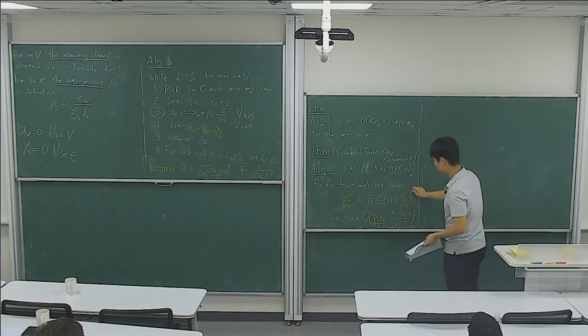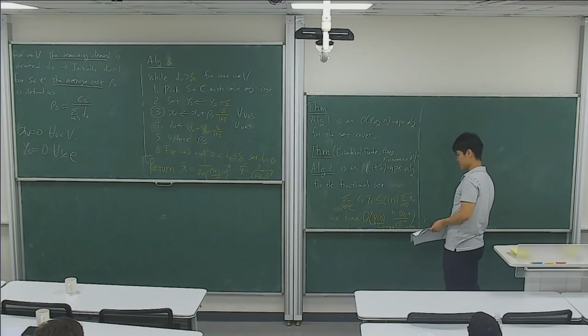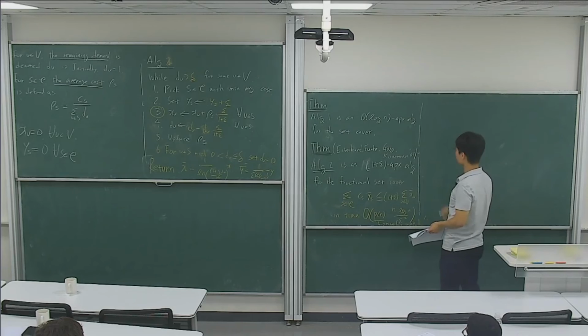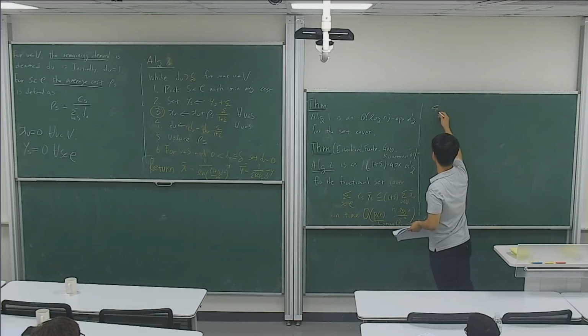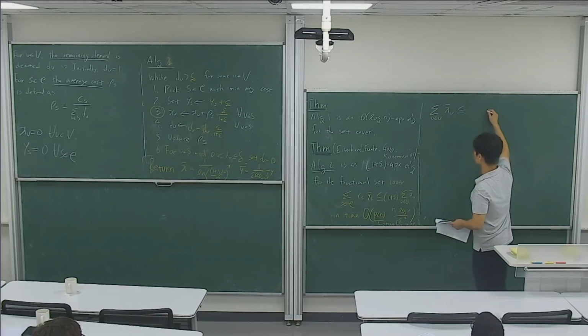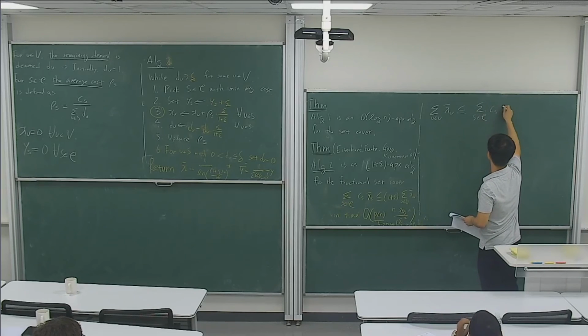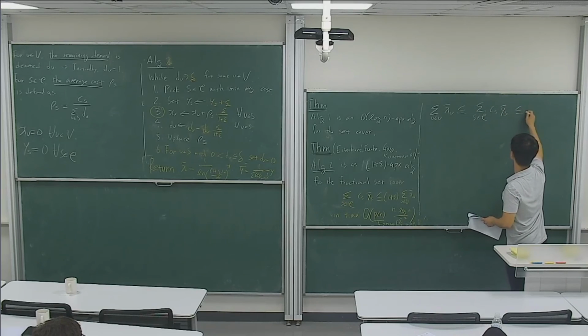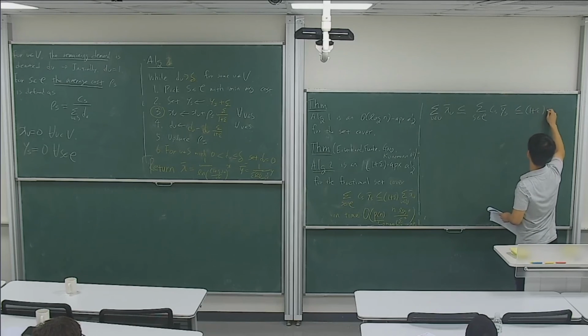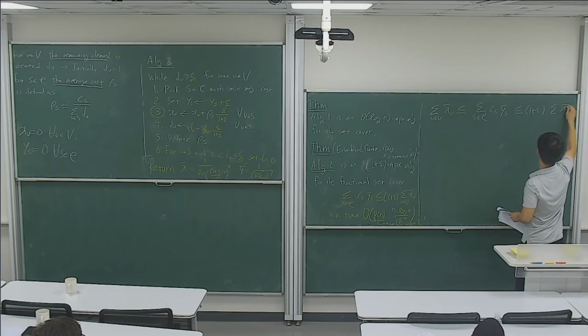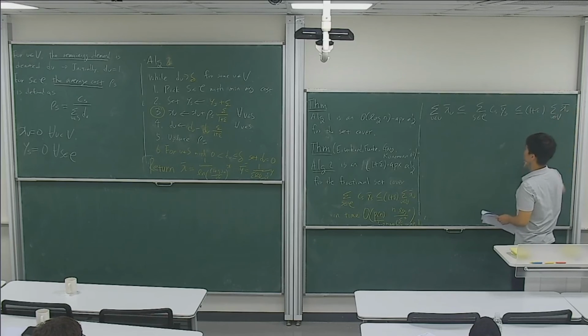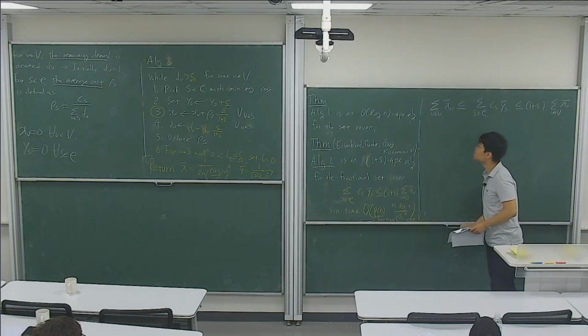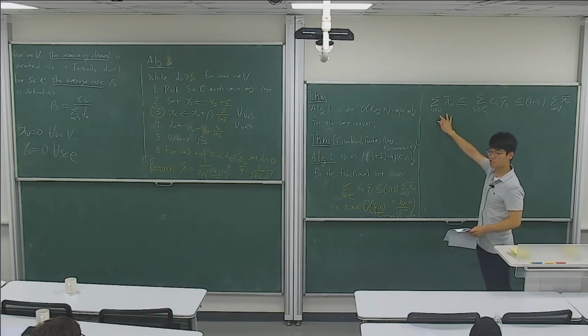By this, we get x bar and y bar, and this is an LP feasible value.